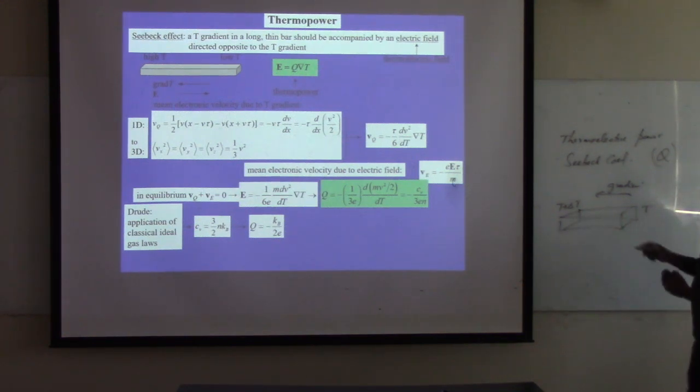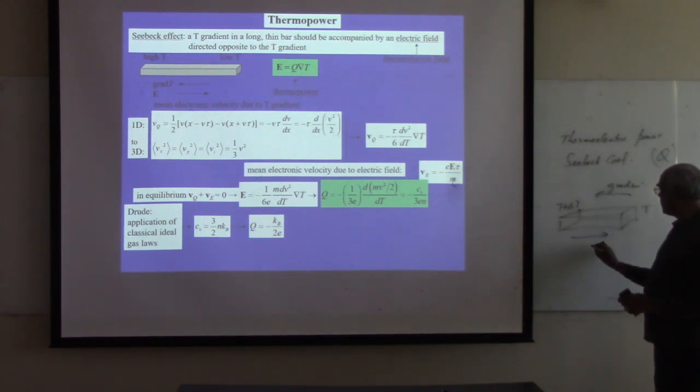If you have a temperature difference, your charge carriers are going to move from hot end to cold end. In this case, if it's a metal, electrons are moving this way. If it is a hole conductor, positive charges move from hot end to cold end. So you have a charge imbalance, right? You have more charges in one end compared to the other end. That means you have an electric field, right?